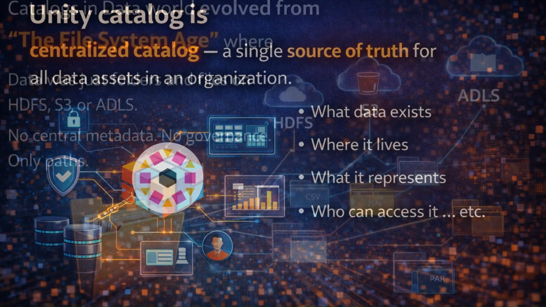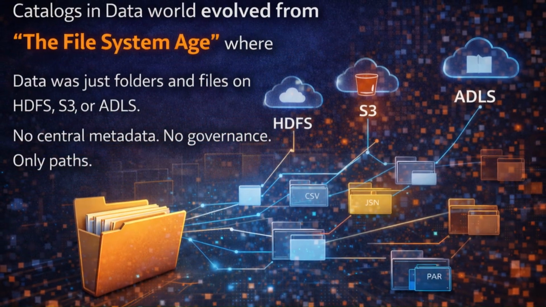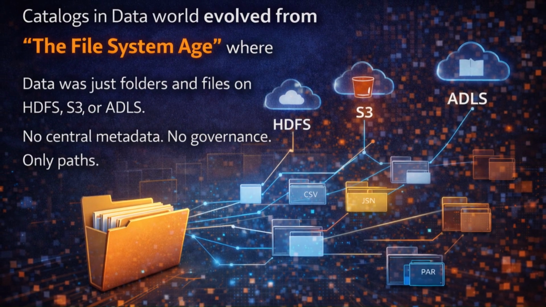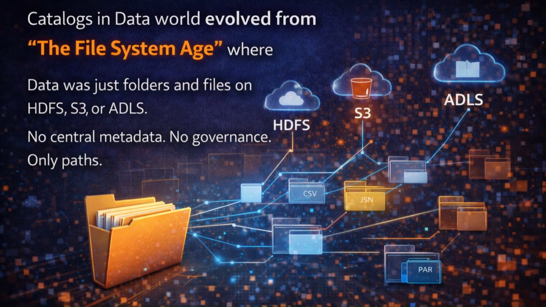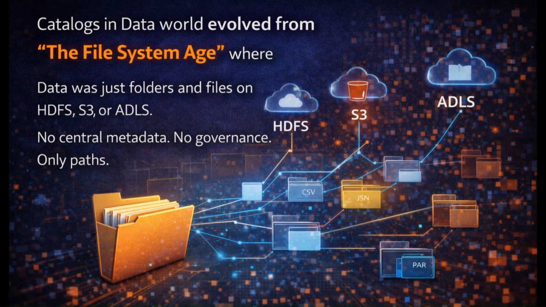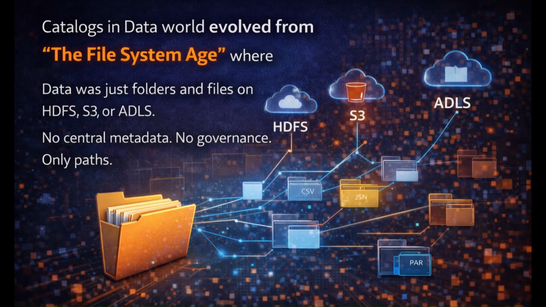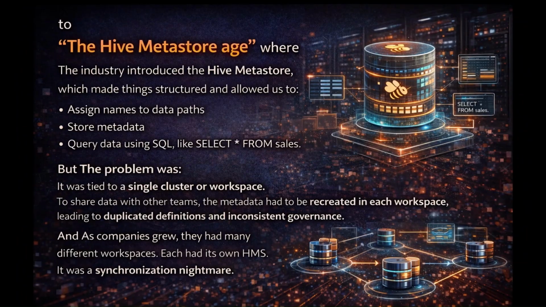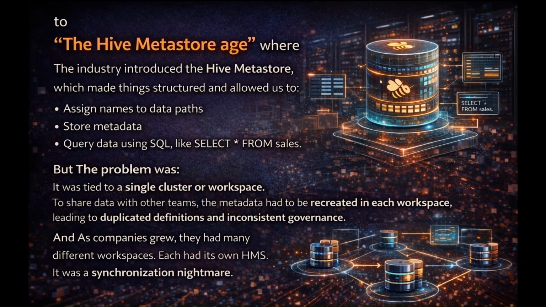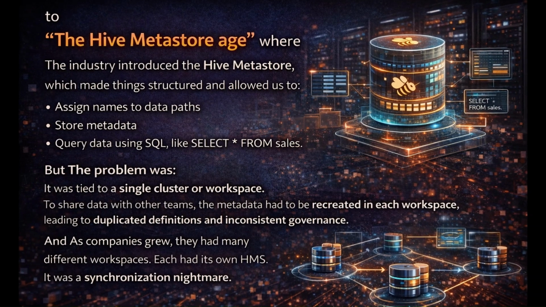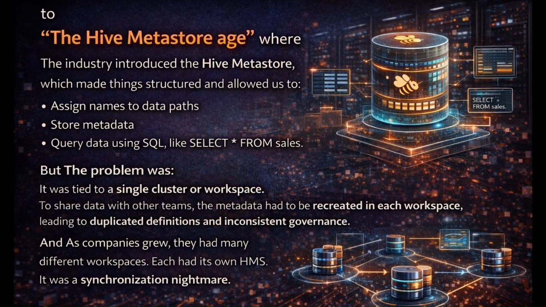Catalogs in the data world evolved from the file system age, where data was just folders and files on HDFS, S3, or ADLS. There was no central metadata, no governance, only file and folder paths. From this file system, we moved to the Hive Metastore, which made things structured and allowed us to assign names to data paths, store metadata, and query data using SQL-like commands.